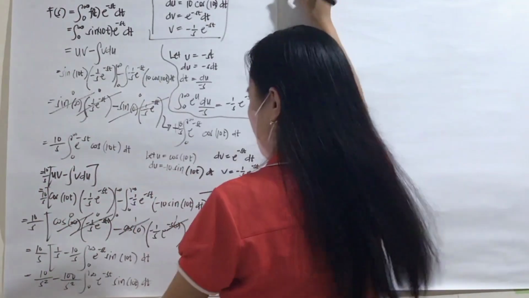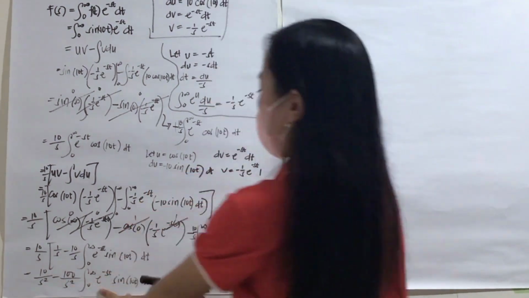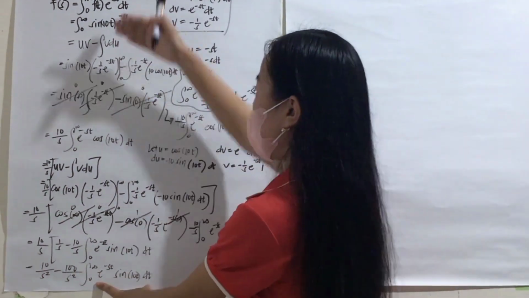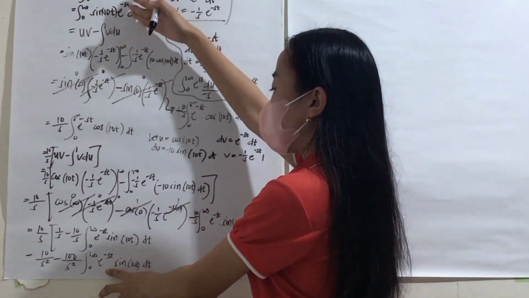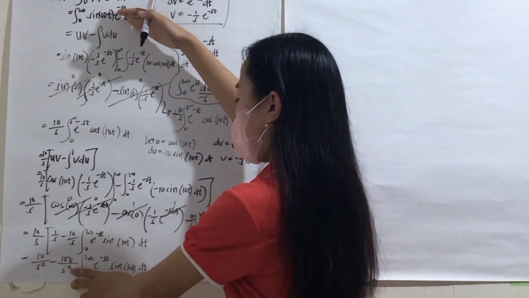And we will continue this. So as you can see, we came up with our original equation, which is here, and we will use this original equation in order for us to equate in this problem.